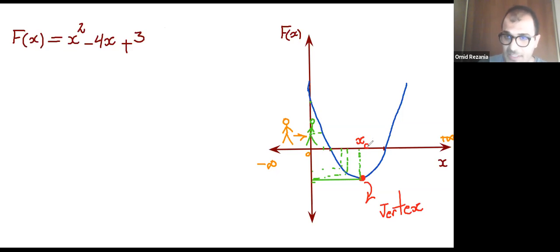I'm going to explain in just a second what I mean by xc. We get here something we can call f of xc, because this is the function f of x. Then on this point xc, you get the corresponding value of f of xc on the y-axis.